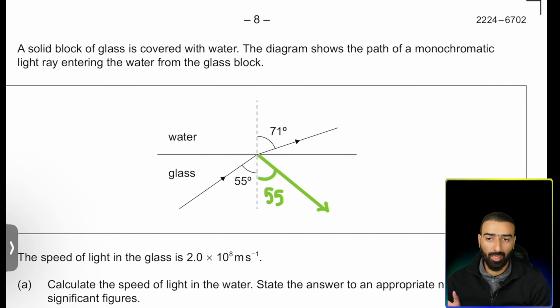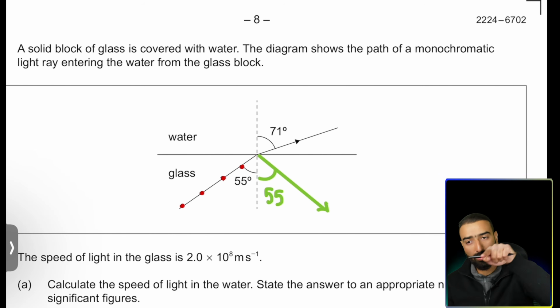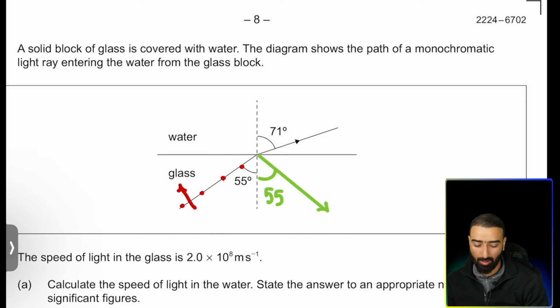Well, if we look at the incident ray, it's S polarized. These dots represent S polarization, meaning electric field vectors going into and out of the screen. It's also P polarized. For P polarization, these electric field vectors are perpendicular.